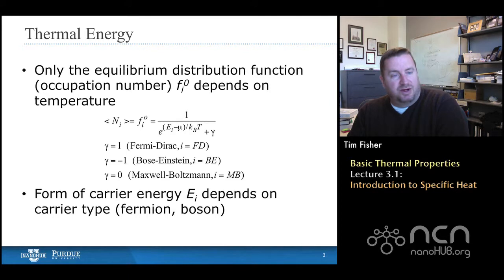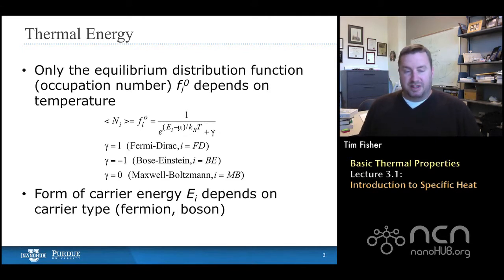So this distribution function, I just wanted to touch on it again. The distribution function is a synonym for the average occupation number, and that's what depends on temperature. In fact, in much of what we'll do, that's the only thing that depends on temperature. So you see this, again, this distribution function here for different kinds of statistics. Fermi-Dirac applies to electrons or fermions more generally, and then Bose-Einstein statistics apply to phonons and photons, and we call those sometimes bosons.